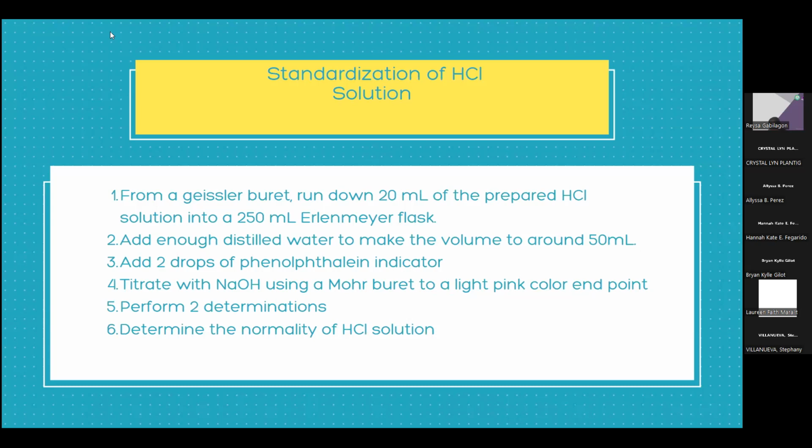Third, add 2 drops of phenolphthalein indicator. Fourth, titrate with NaOH using a Mohr burette to a light pink color endpoint. Fifth, perform 2 determinations. Sixth, determine the normality of the hydrochloric acid solution. Next slide, please.